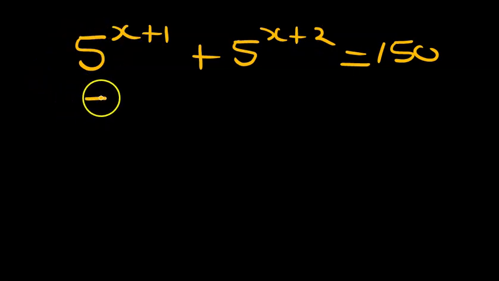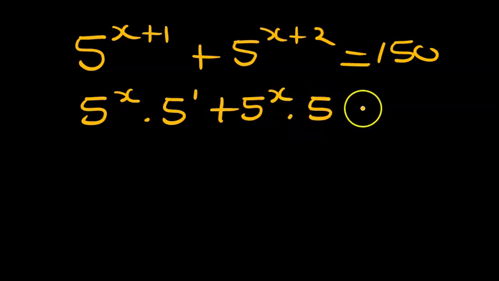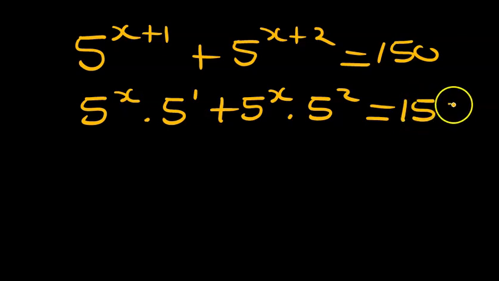Here we will have 5 to the power x times 5 to the power 1 plus 5 to the power x times 5 to the power 2 is equal to 150. Right, now we need to take out the highest common factor. The highest common factor here is 5 to the power x.